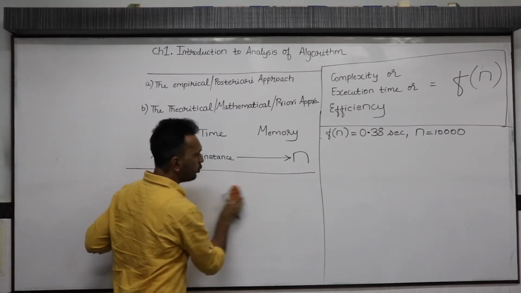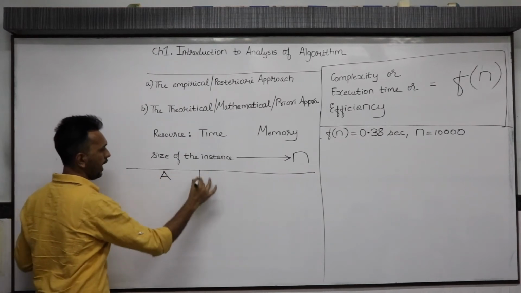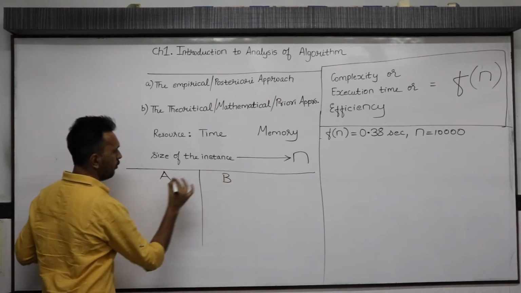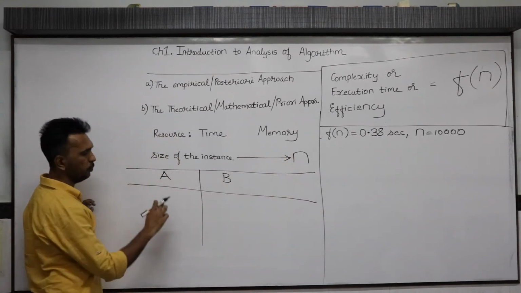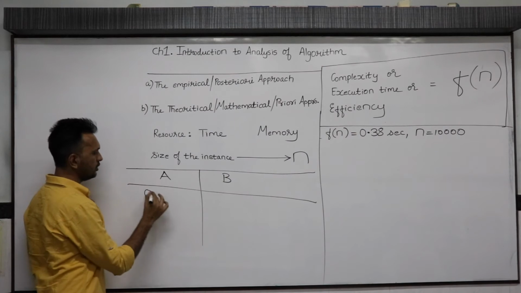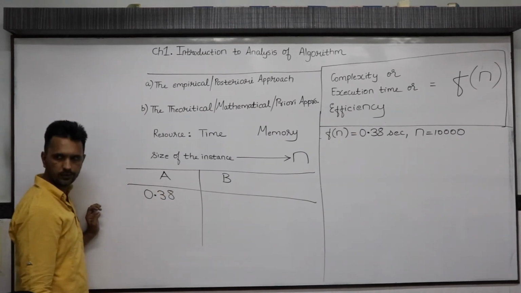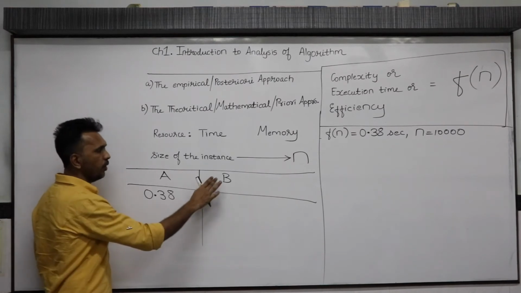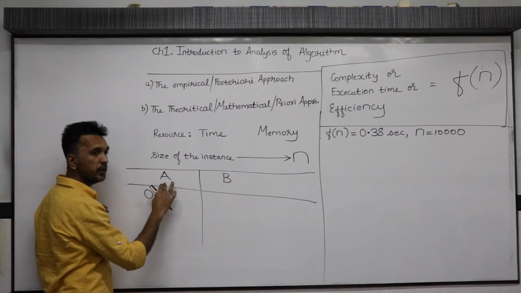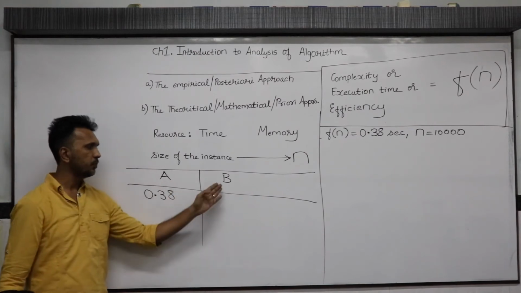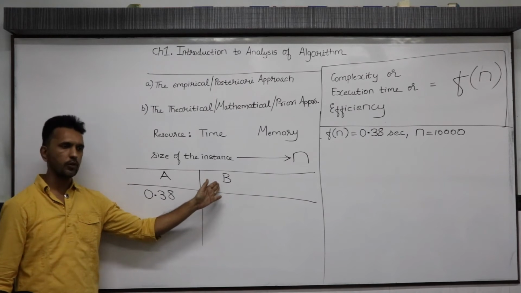Now let's say there are two different computers, A and B. When you execute that program on computer A, it takes 0.38 seconds to execute. Now let's say there is one more computer which is slower than computer A. That means its processor is outdated, its operating system is outdated.